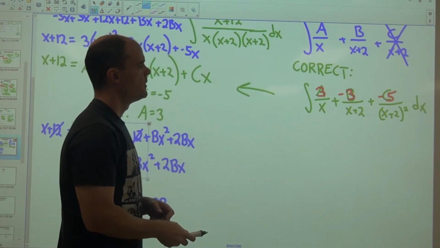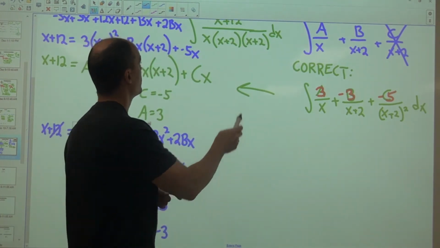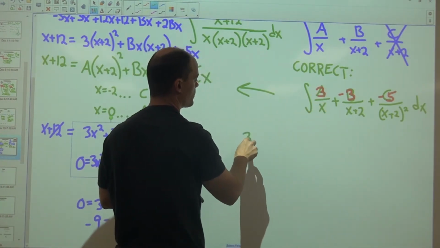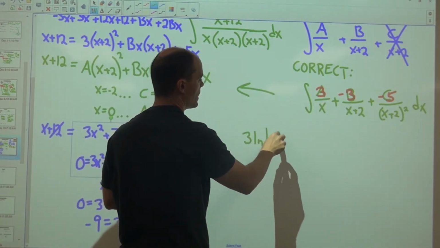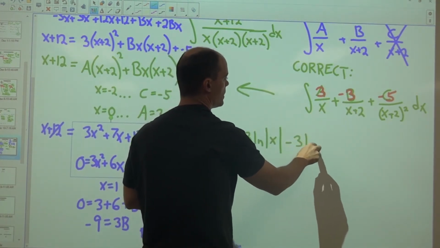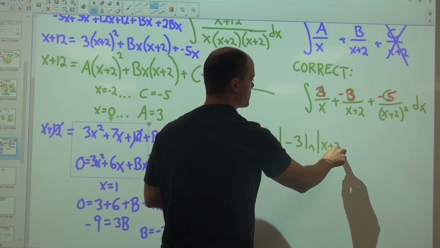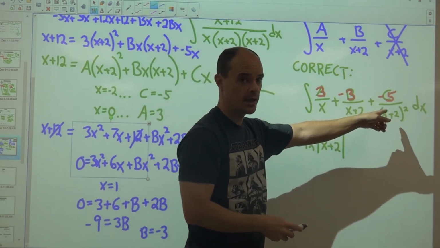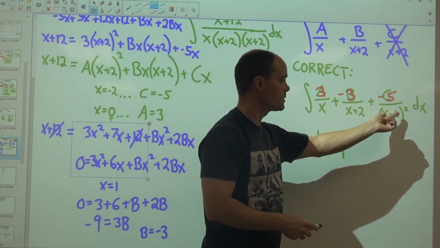And now let's be very, very careful with our antiderivative here. This is a simple antiderivative. I get 3 ln of x minus 3 ln of x plus 2. And this is not an ln. This would be a u sub.